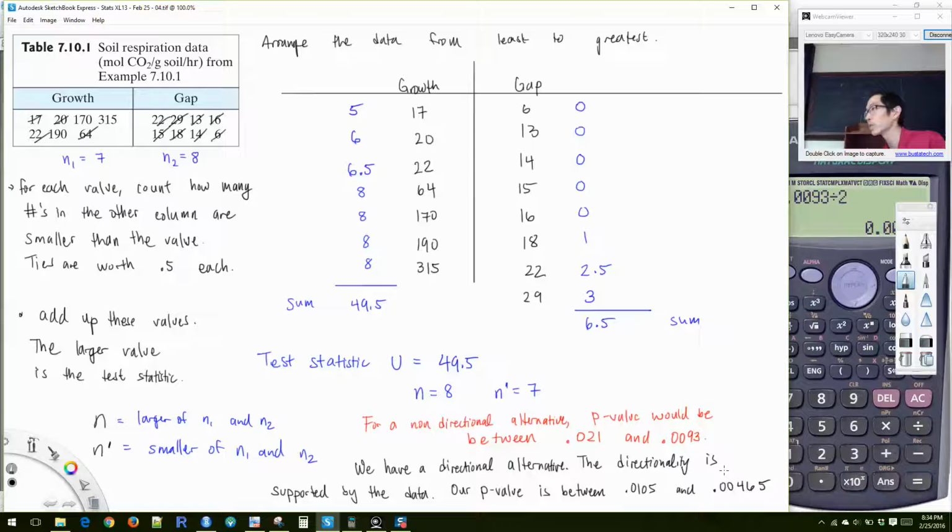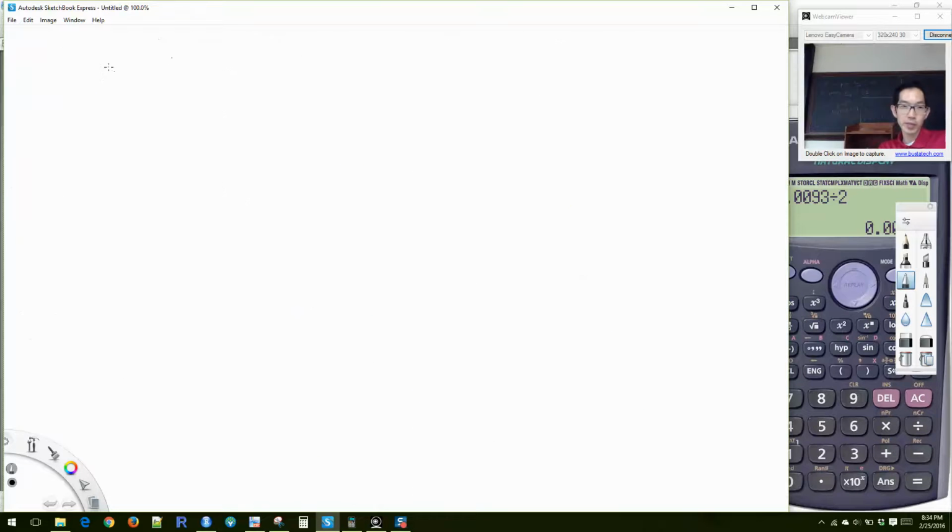Wait, why are you rejecting the null? So what we got from the previous statement was our p-value is between 0.0105 and 0.00465. So if alpha is 0.05, our p-value is less than alpha.